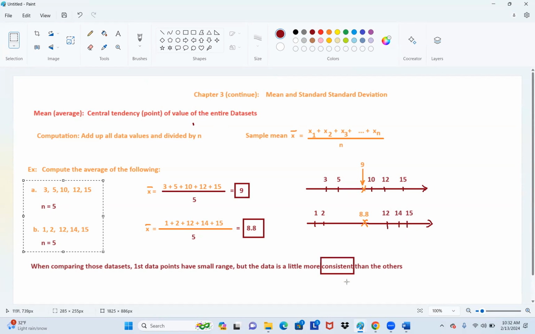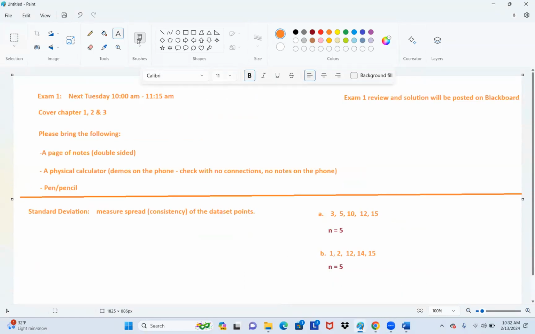It makes the data less consistent, in other words more volatile, and this is the word we're looking for. So the second data set should give us the bigger standard deviation.